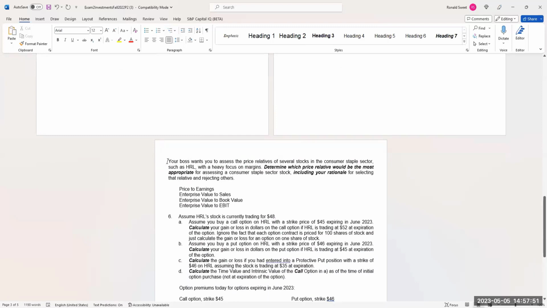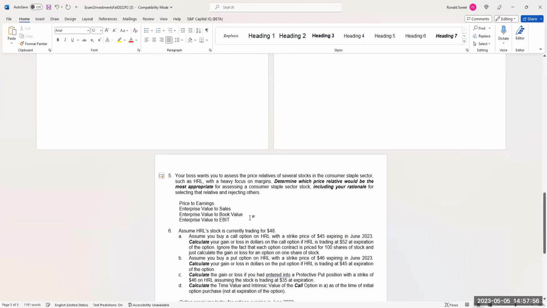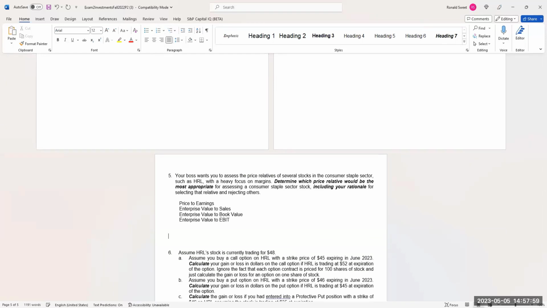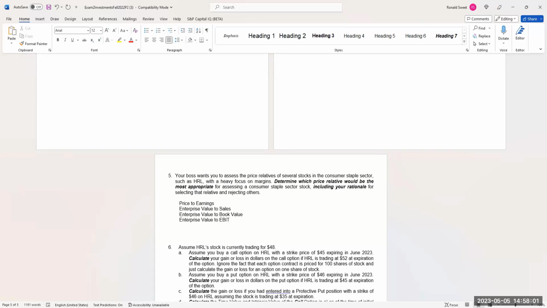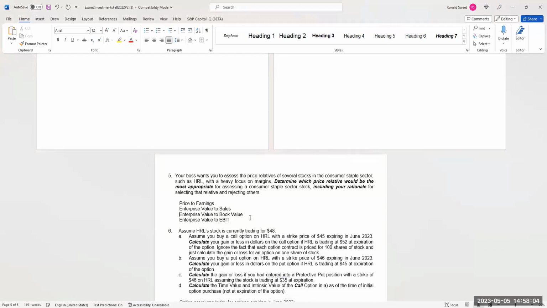All right, number 5. So Hormel is a consumer staple. It's somewhat retail. So price to earnings. What relative should we use for Hormel, a consumer staple? Say this is an okay ratio for all companies, though, is one better specifically for HRL?